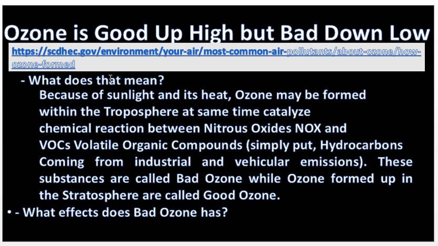But when ozone forms high up in the stratosphere, it is called the good ozone because it shields us from UV light. Now, please take time to confirm this article's accuracy by visiting the website written here.